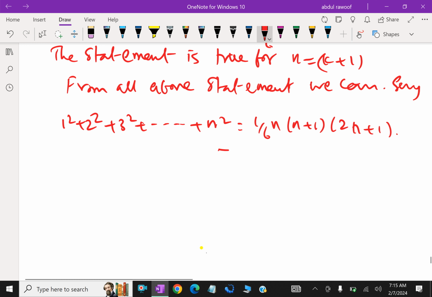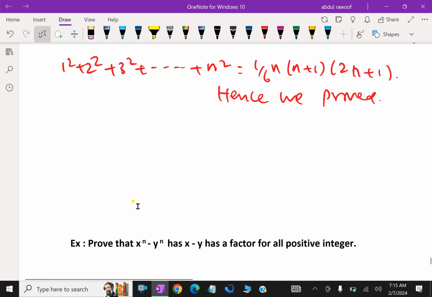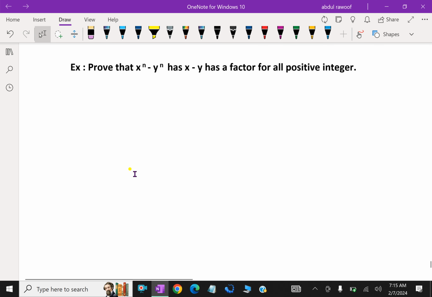The statement is true. Hence, we prove. One more example we can do now.